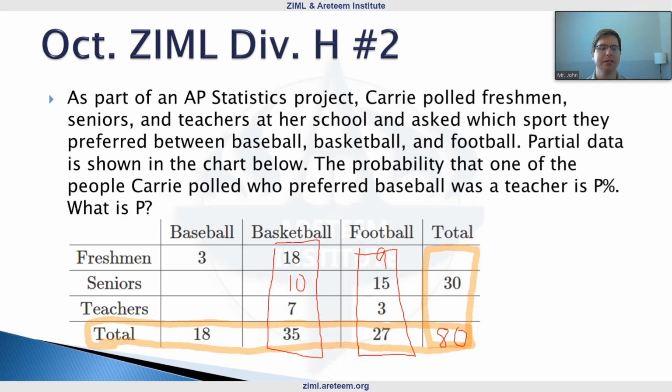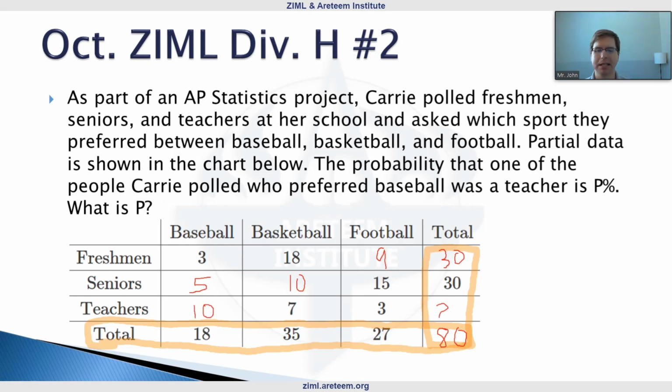So you can just be thinking about all of your missing information and start filling that in. Now, how many people are freshmen? 3, 18, 9. We have actually 30 freshmen there. Seniors, 10 and 15 gives 25, so there's a 5 missing for baseball, meaning there have to be 10 teachers here.